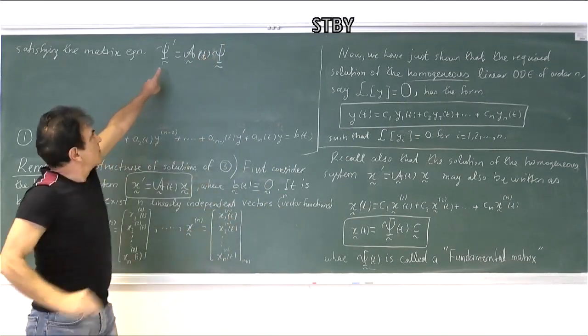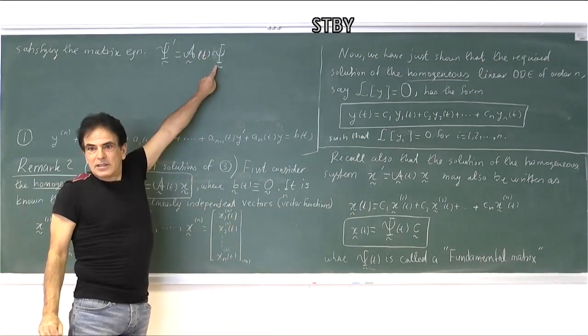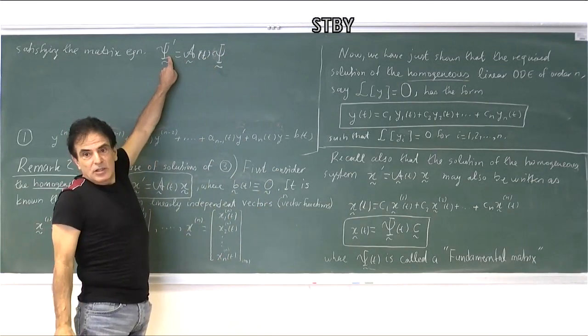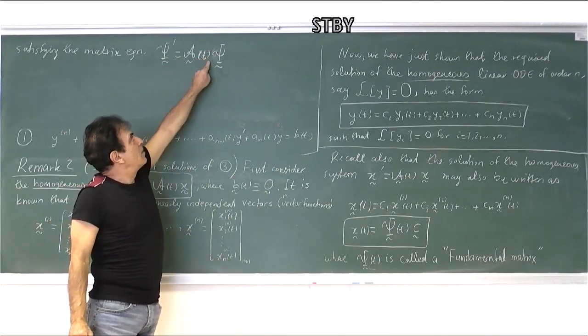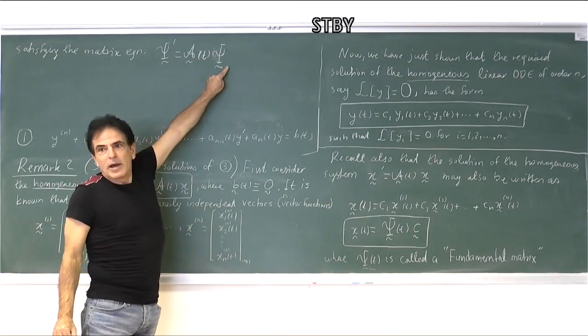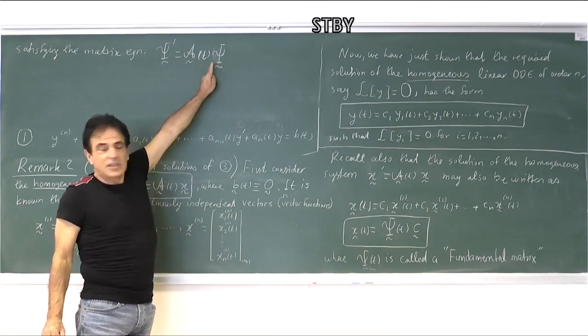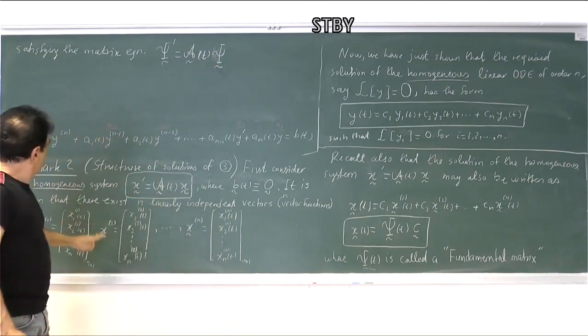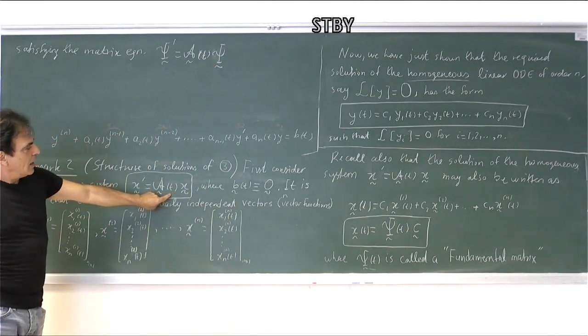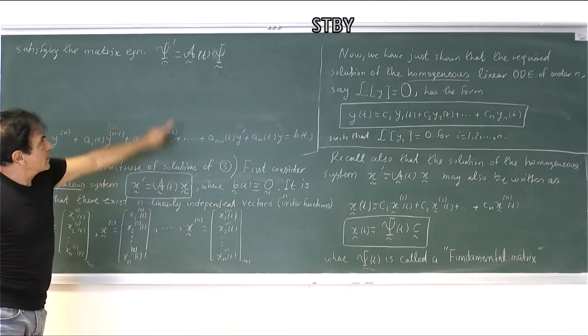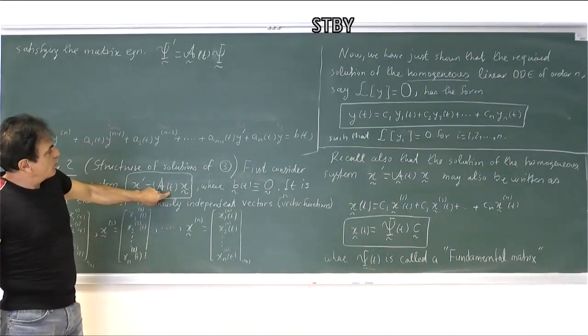So this is a matrix equation. There is an n by n matrix on the left, and an n by n matrix multiplied by another n by n matrix on the right-hand side, with the same coefficient matrix as the system.